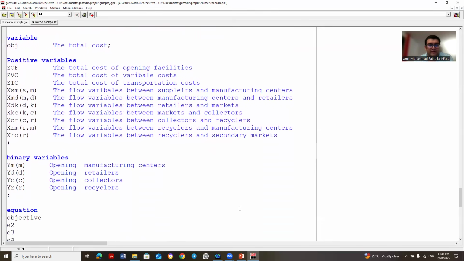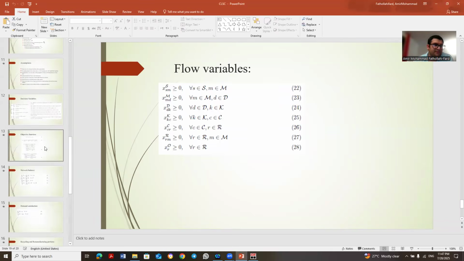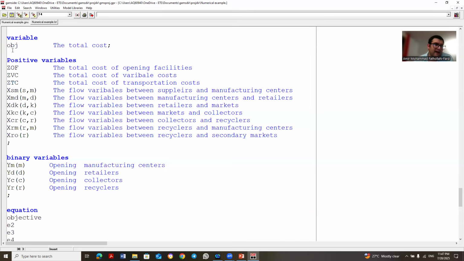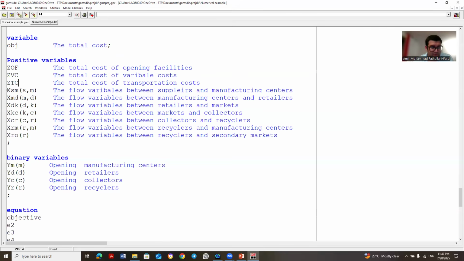For the variables, similar to the optimization problem, we have a variable z, which is the objective function, and three variables for calculating the fixed opening cost, variable cost, and transportation cost. In the same way, we have the variable objective function, which is a free variable, and then the positive variables, which are here, and the flow variables, which are here.